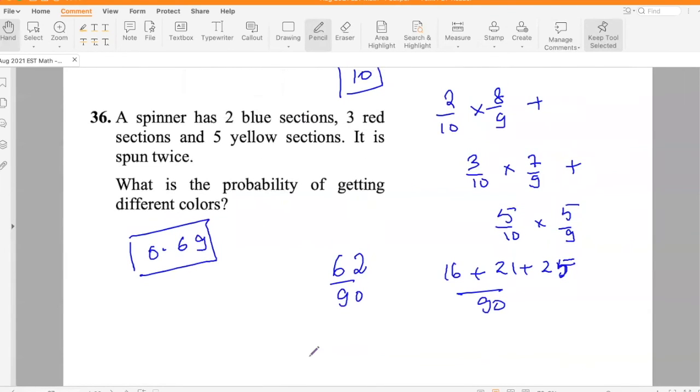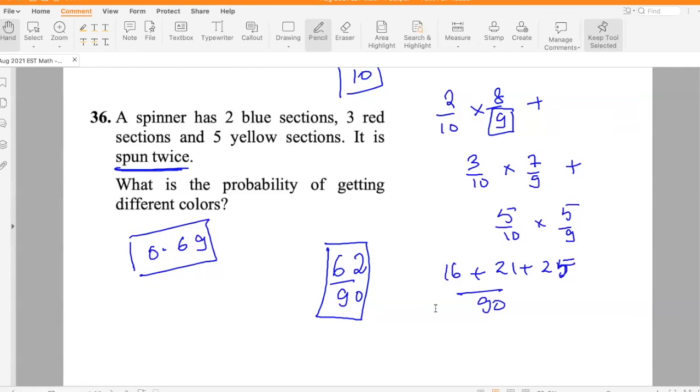No, it can't be 0.62, because 0.62 will happen when it's 62 by 100, right? Because they are assuming that it's 2 by 10 into 8 by 10. That's not correct, because if you're spinning it twice, the first time would be 2 by 10 and the second time only 9 outcomes would be left.